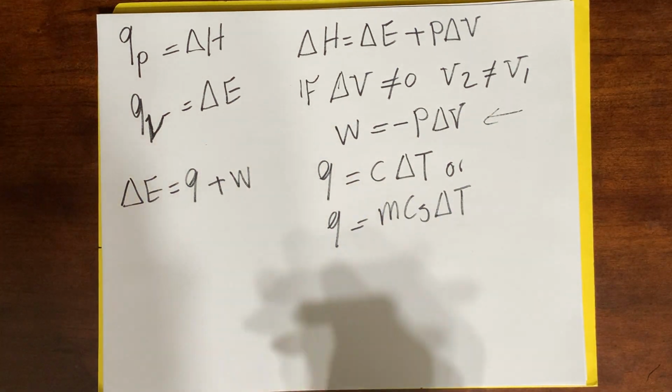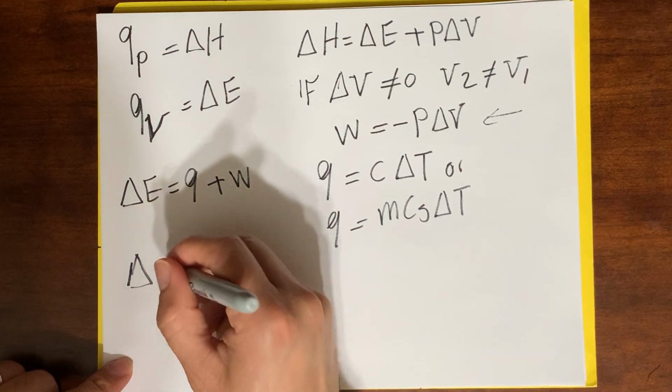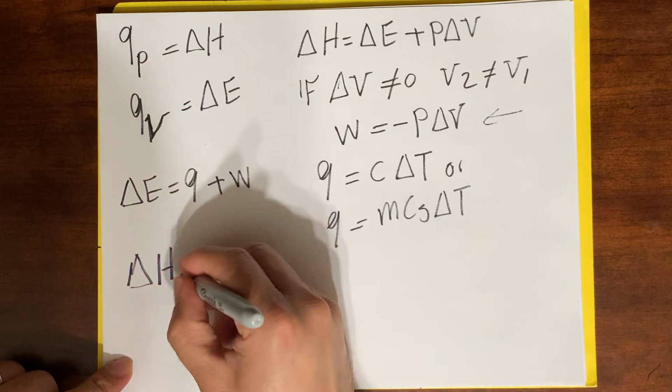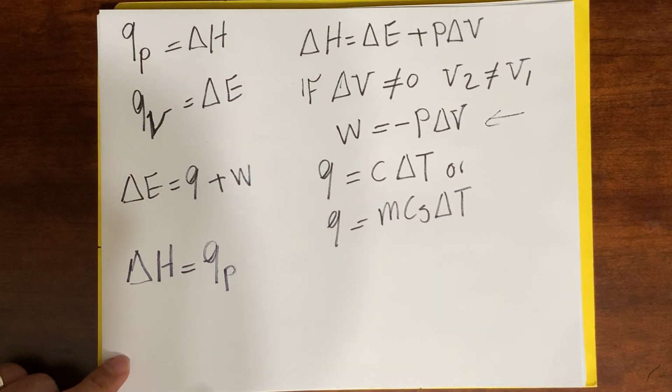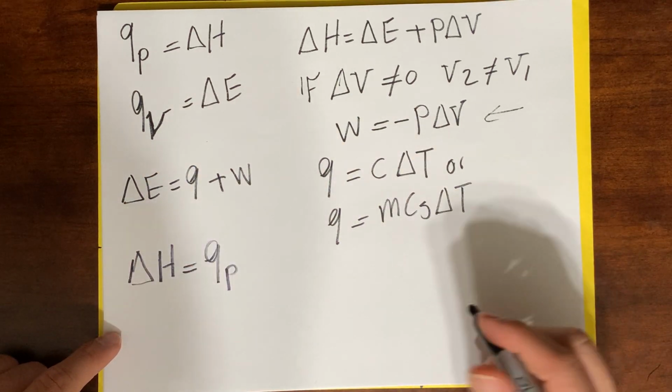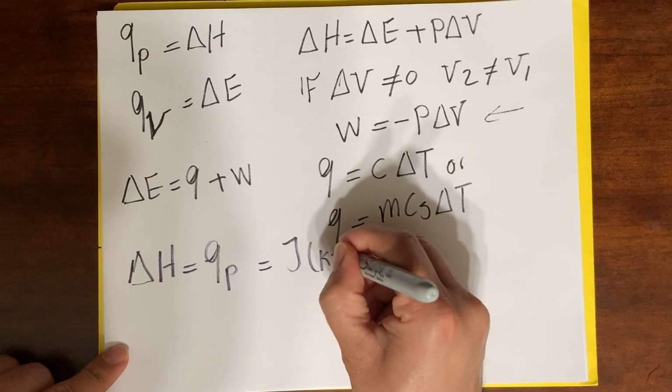Next, we said delta H we can find through knowing heat. If heat is under constant pressure, then we get delta H. The unit here is going to be either joule or kilojoule.